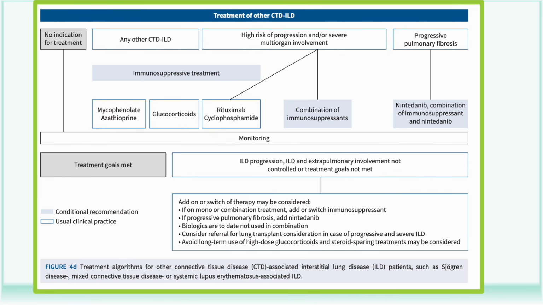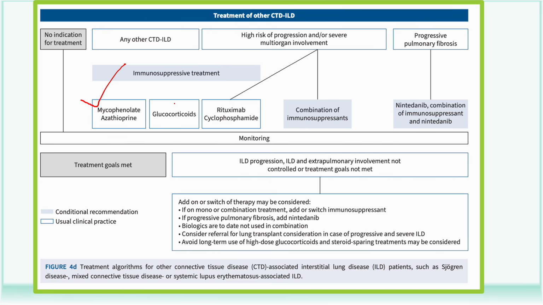For other CTD-ILDs like Sjogren's, MCTD, and SLE, here again the pooled evidence has been given. We've always started with mycophenolate and azathioprine as the immunosuppressive treatment, coming from the 2023 guideline. Here the key is to early identify and aggressively manage extrapulmonary involvement also with the ILD.